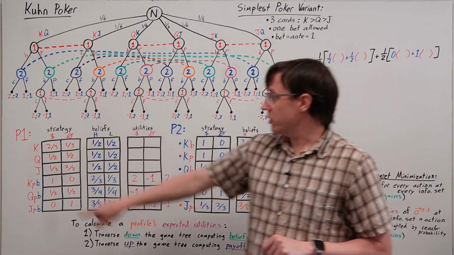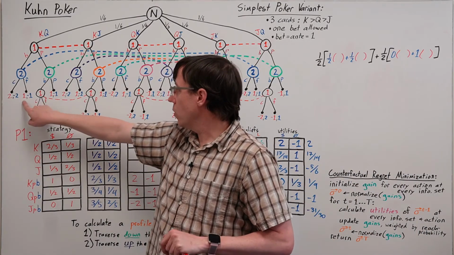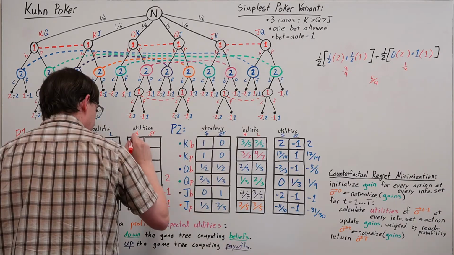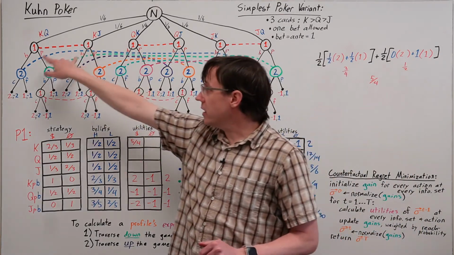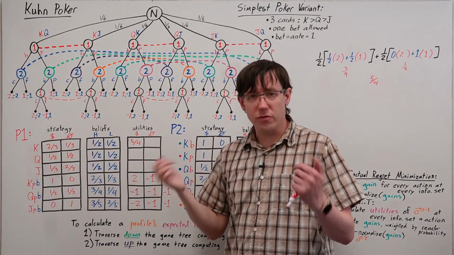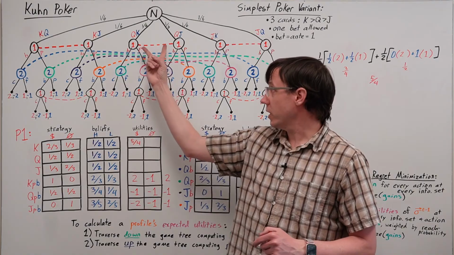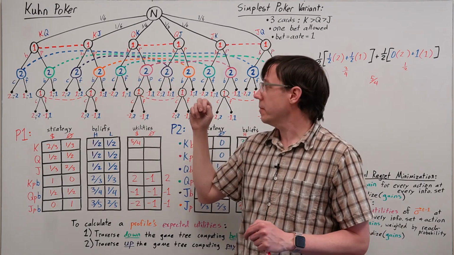And the possible utilities player 1 could get are 2, 1, 2, or 1. So playing bet gets player 1 an expected utility of 5/4. And we can do a similar calculation for the case where player 1 has a queen.